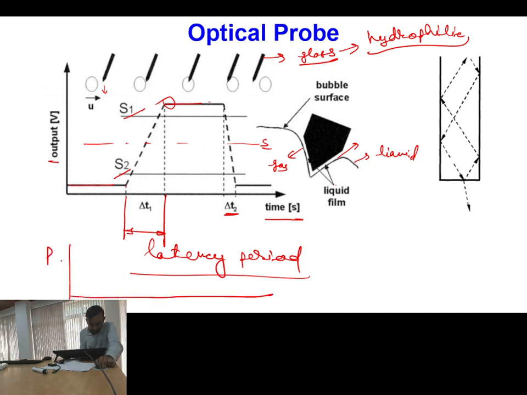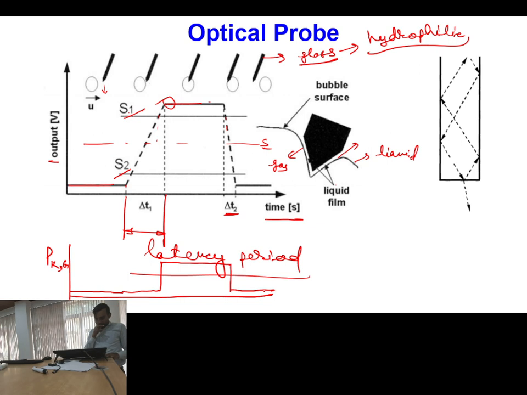For the phase distribution function Pk, particularly for gas, this will be 0 until the output signal reaches S1. Up to that I will get the value of the phase distribution function to be 0 only. After this point I will have unity value, and then again up to the value of S1 this will be unity, and then it will become 0.